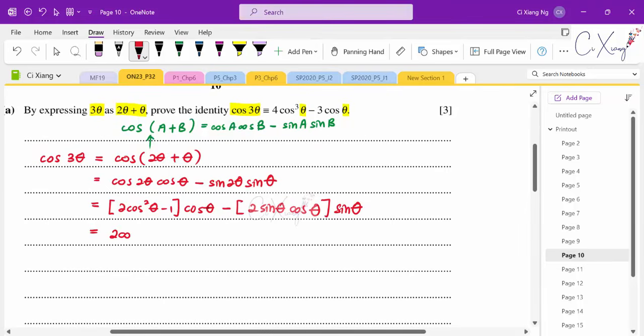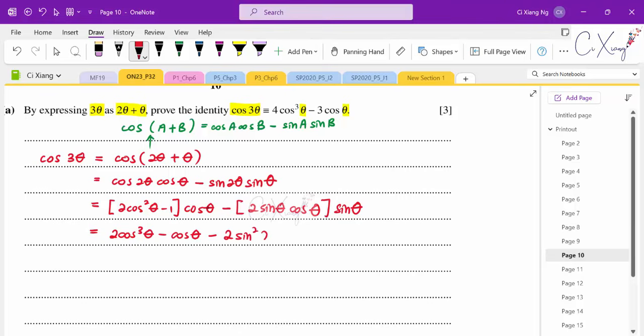So I'm having 2 cos power 3 theta minus cos theta. Then for the term here, I'm having 2 sine square theta multiplied with cos theta. Okay, so we are one step closer to the final answer because you can see that all my angles here have already become theta, no more 2 theta. Okay, so we are one step closer.